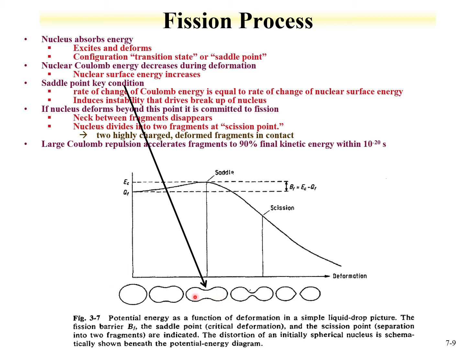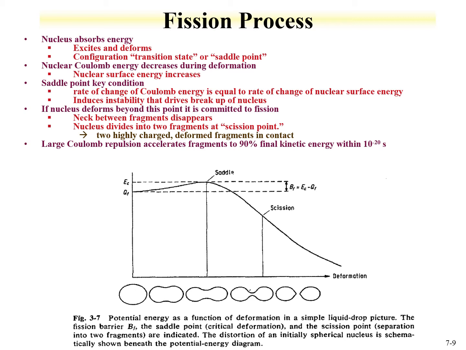Imagine the charges, the protons, building up in the semicircular aspects of this nucleus. That charge eventually overcomes the adhesion due to nucleon-nucleon interactions. This is called the saddle point. The rate of change of Coulomb energy is equal to the rate of change of nuclear surface energy at this point, and this induces the instability which drives the breakup of the nucleus.